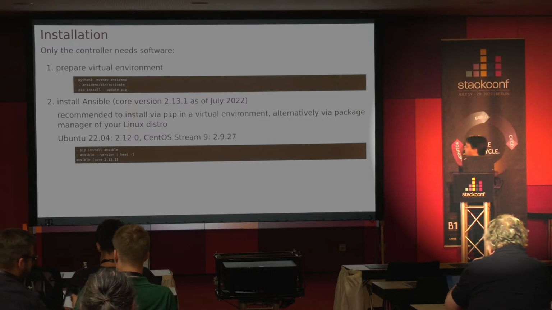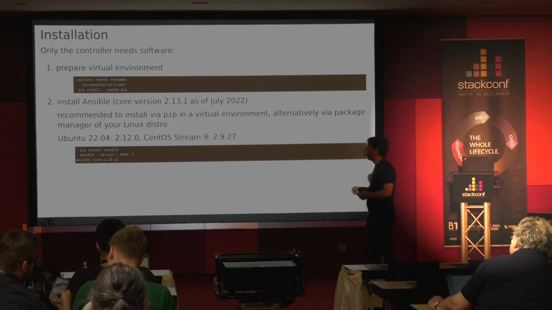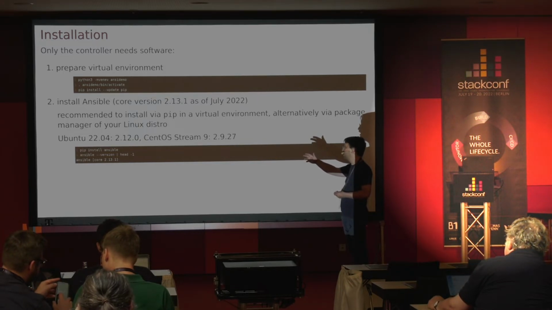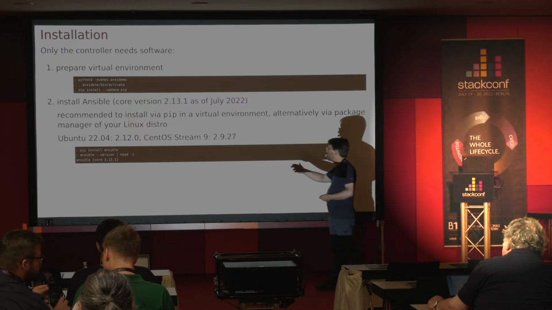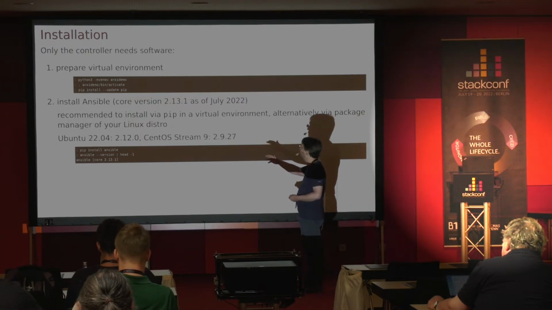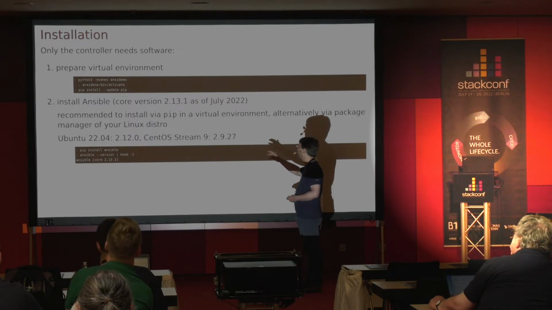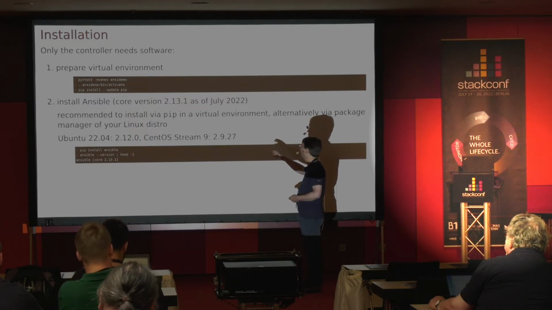So for example, I looked up Ubuntu has also Ansible as packages in their pretty new 22.04 release. They have version 2.12.0. I have 2.13.1 out of the PyPI repository, and CentOS is back at 2.9.27.